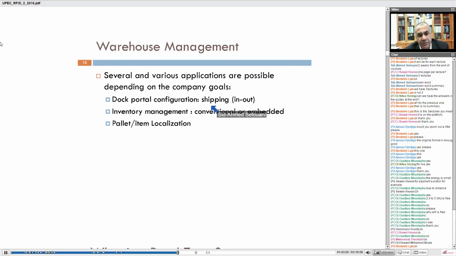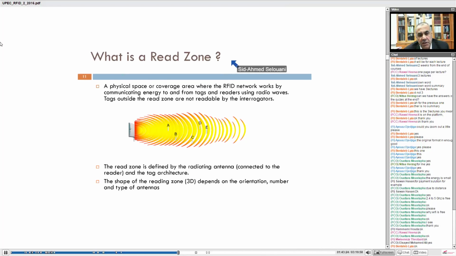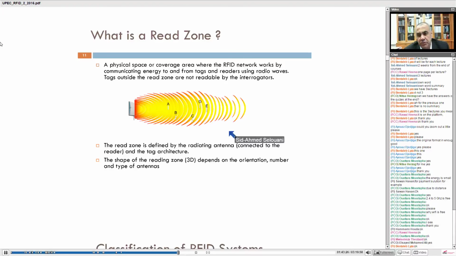So you can have the dock portal configuration in order to manage the shipping in and out for goods and items. So you have a portal configuration. You can use the RFID to perform inventory management. Okay, and you can use RFID to localize items and pallets inside the warehouse.